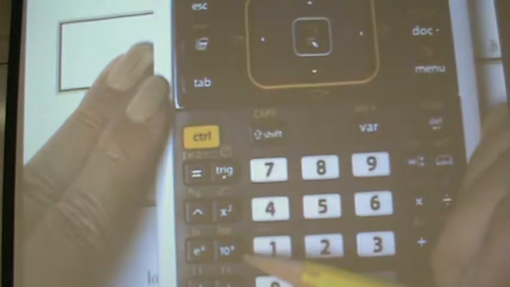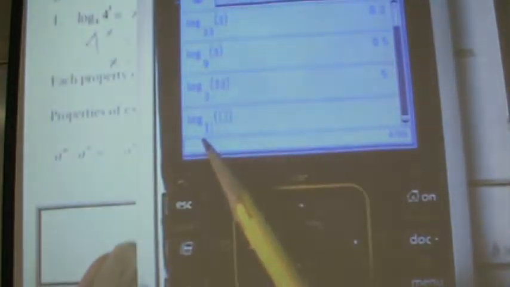You're going to hit Control log, this 10 to the x power, and that's going to show on your screen. The base is what? 8. Type an 8 there, and you're going to type in a 1/8. And then hit enter, and you get negative 1.